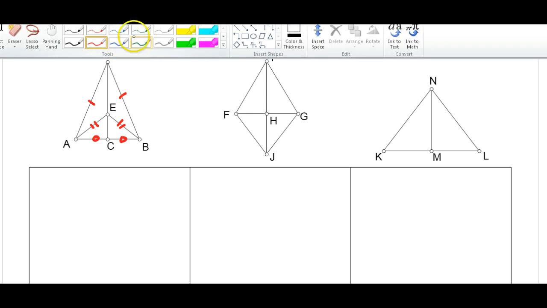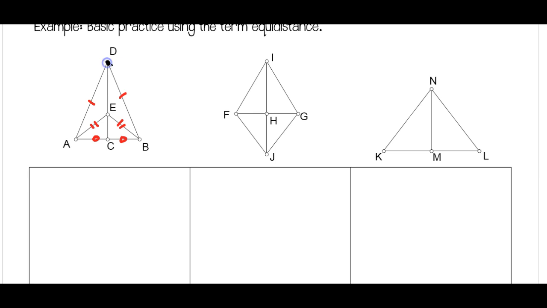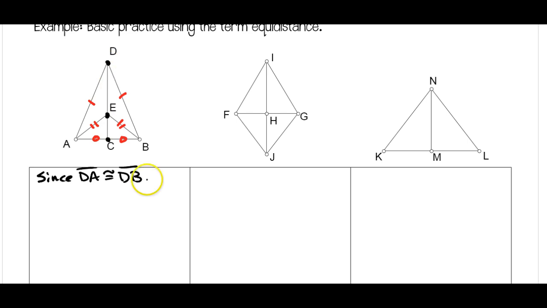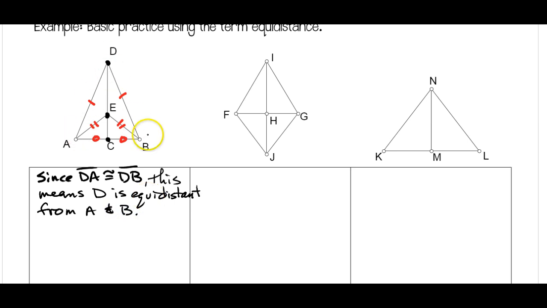And I'm going to look at point D, point E, and point C. Alright, so I notice that since segment DA is congruent to DB, again, we're just getting some practice using the terminology, this means D is equidistant from A and B.